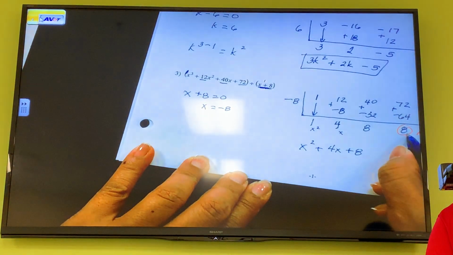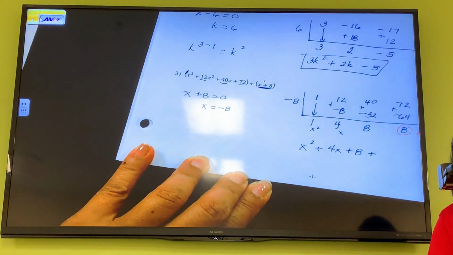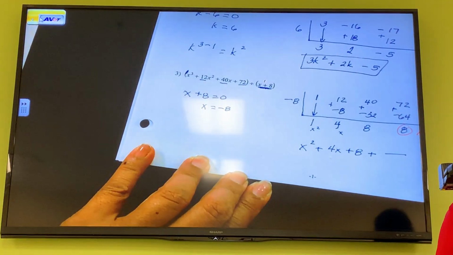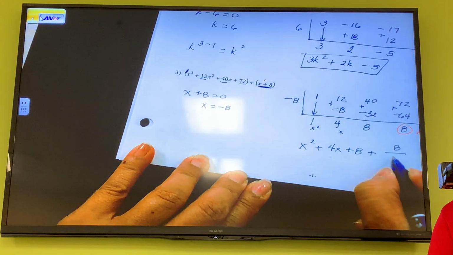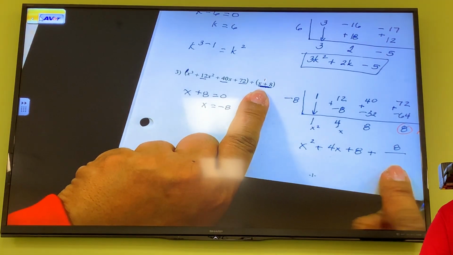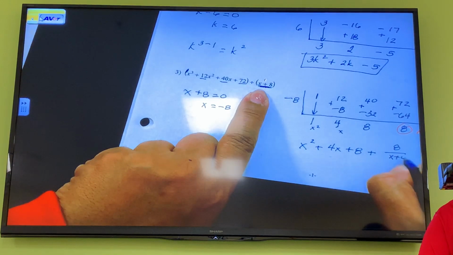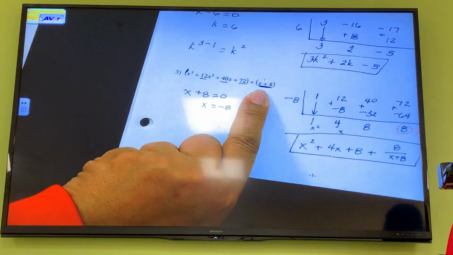And then your remainder is positive. We're going to write it out with a plus sign, and then put it as a fraction. Numerator will be your remainder. Denominator will be your original divisor, which is x plus 8. Our answer should be in fraction form. And that will be your final answer.